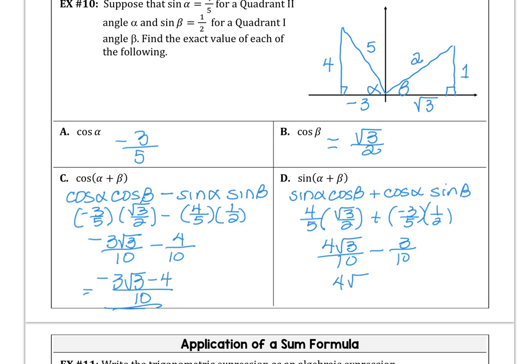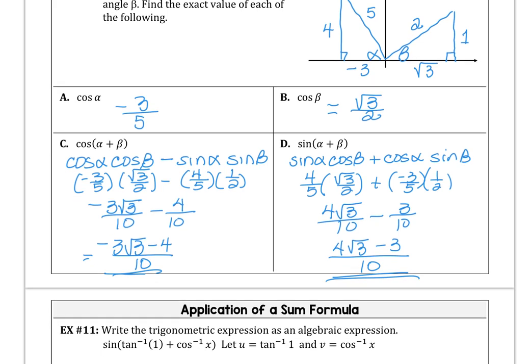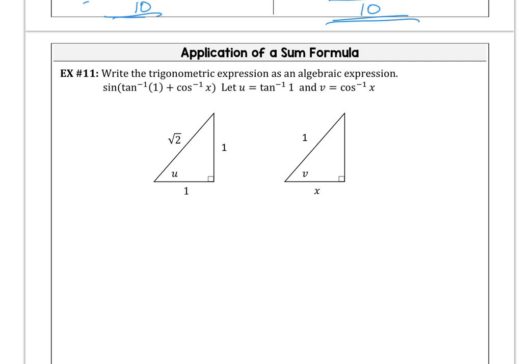Putting those together, adding the numerator over that common denominator. That's not too bad.